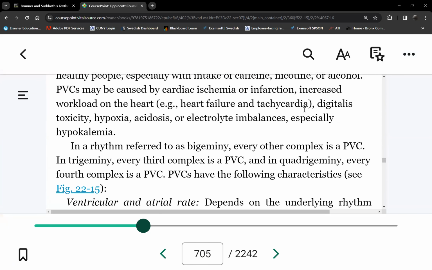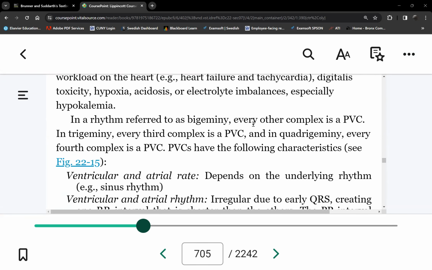What if it's every third beat? Meaning you see sinus, sinus. When I say sinus, that means normal, okay? So let's say sinus, sinus, PVC, sinus, sinus, PVC. So it's every third beat, correct? What do we call that pattern? A trigeminy. What if it's every fourth beat?